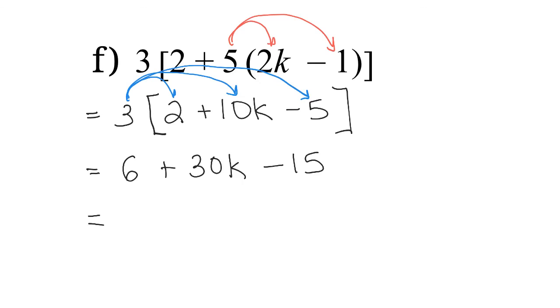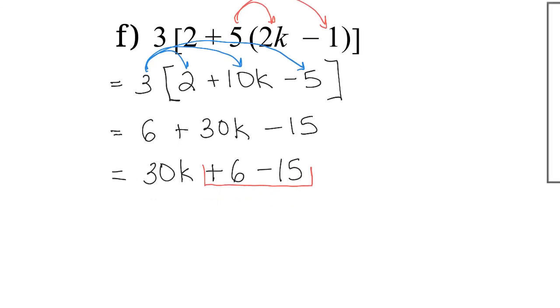So the 30k is on its own, and we're going to put that first. Then we would have the +6, and then we have the -15. So we're going to do 6 take away 15.